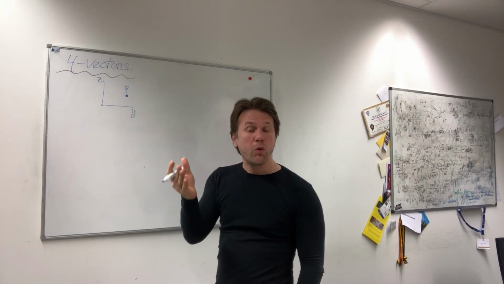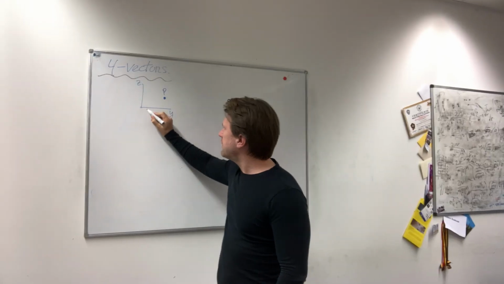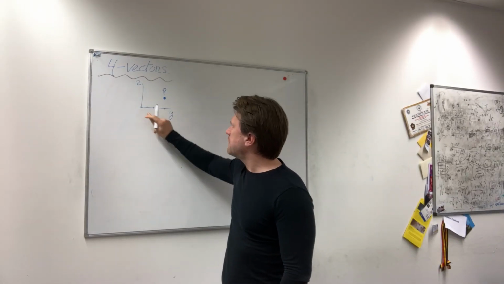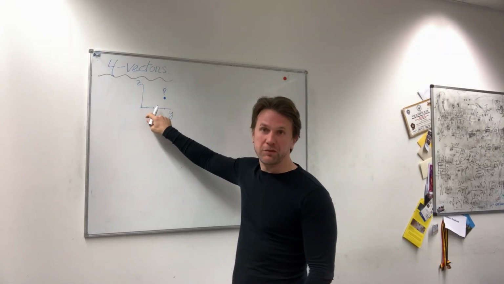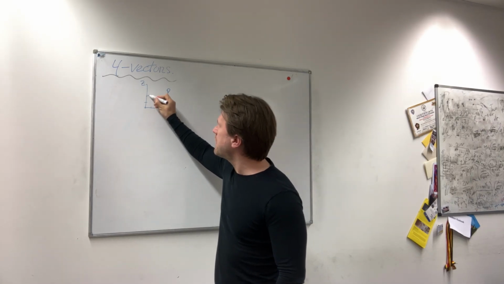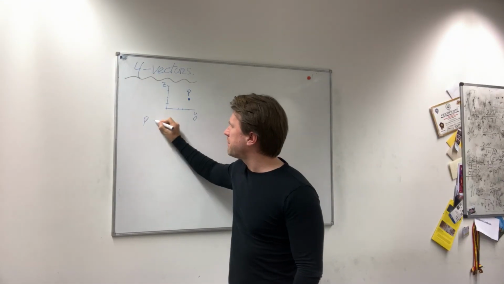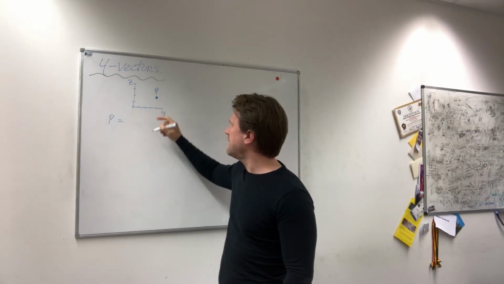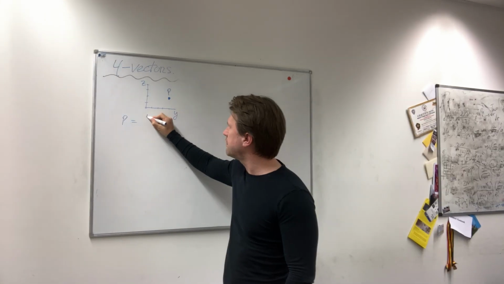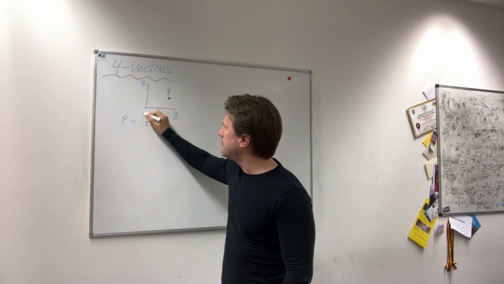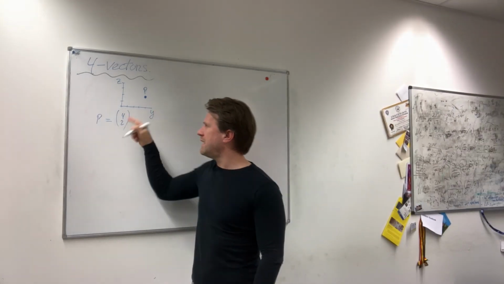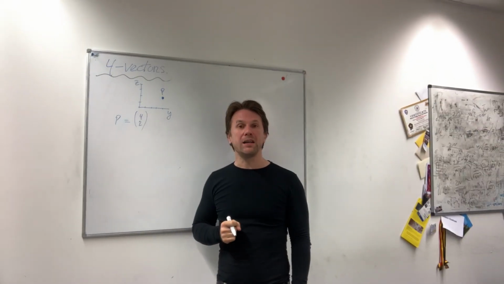And if you want to know where that point P is, well, you count the amount of steps in the Y direction, that happens to be 4 in my example. You count the amount of steps in the Z direction, that happens to be 2. So that means the location of point P is given by 4 in the Y direction and 2 in the Z direction. There you go. The location of point P is 4, 2 in YZ space.